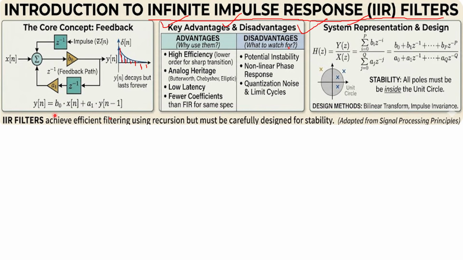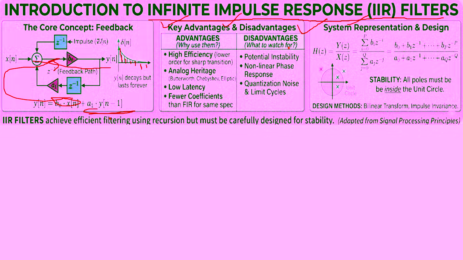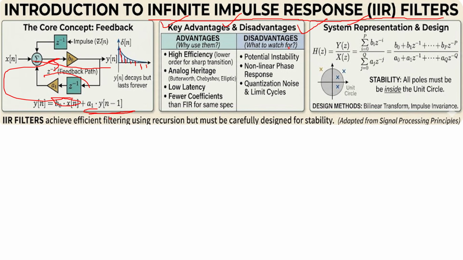So finally your y[n] will be the direct input, that is the present input, b0 times x[n], and apart from that we have y[n-1], which is the past output, with magnitude a1.